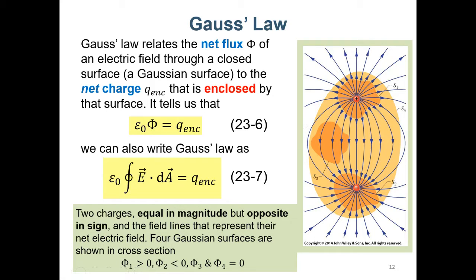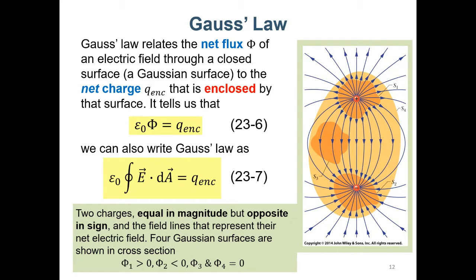So we can consider four cases. There are 4 surfaces: S1, S2, S3, and S4. Let's consider S1 first. S1 is the darker orange one, which is smaller. It doesn't have to be a sphere; it can be any shape.